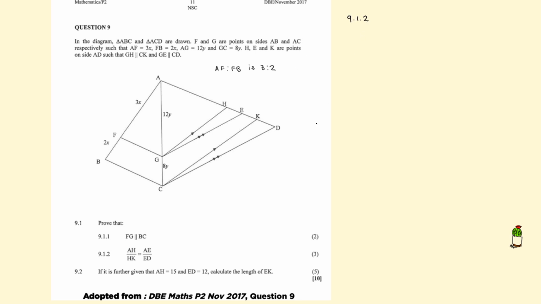In our diagram, I'm just going to remind us we've now proven that FG is parallel to BC. It now states that prove that AH to HK. Let's find that. So AH over here to HK. Realize which two parallel lines you are using: you're using GH parallel to CK.